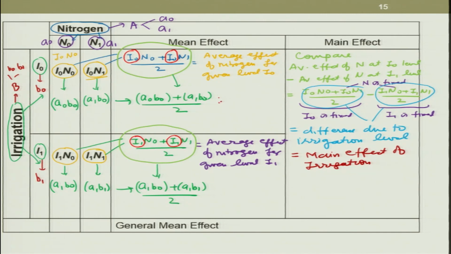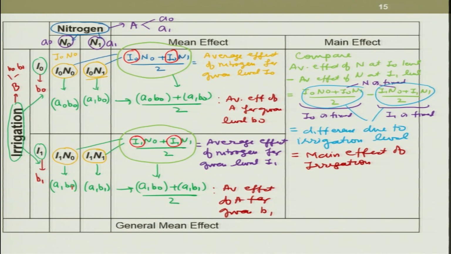If you try to see, in both the cases the B0 level is the same. So, this will give us the average effect of factor A for a given level B0, and in the second case this is going to give us the average effect of factor A for a given level, say B1.